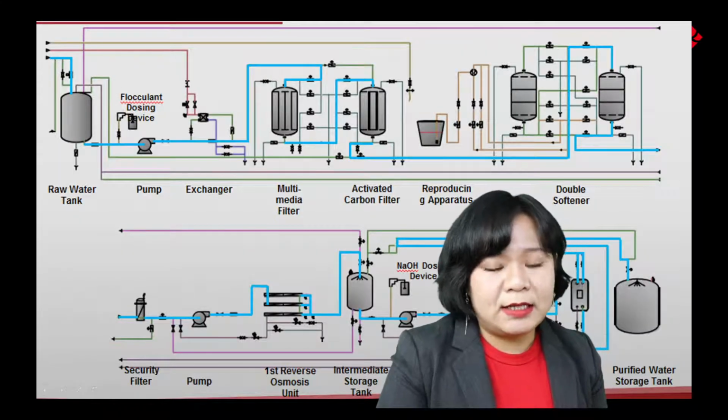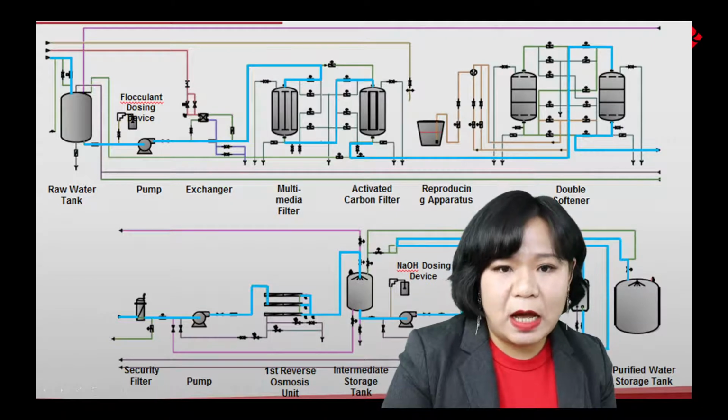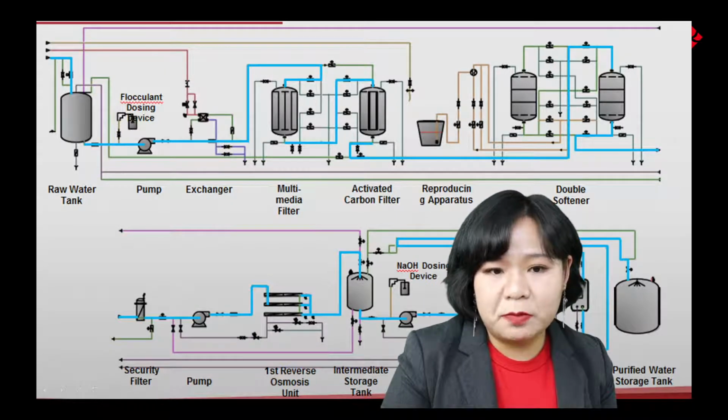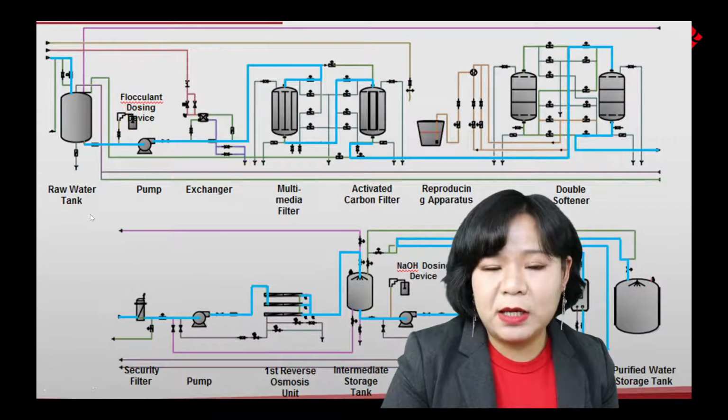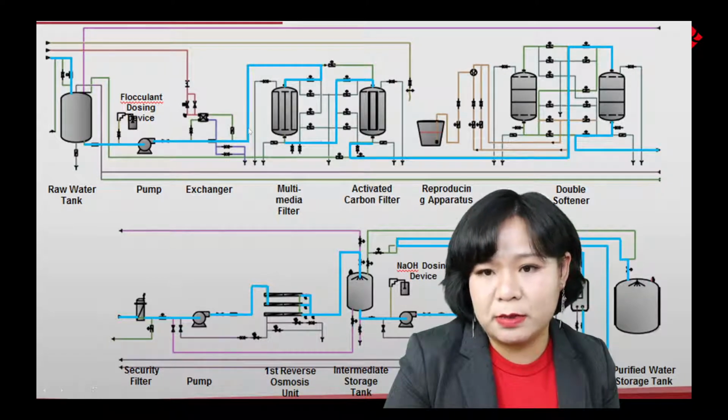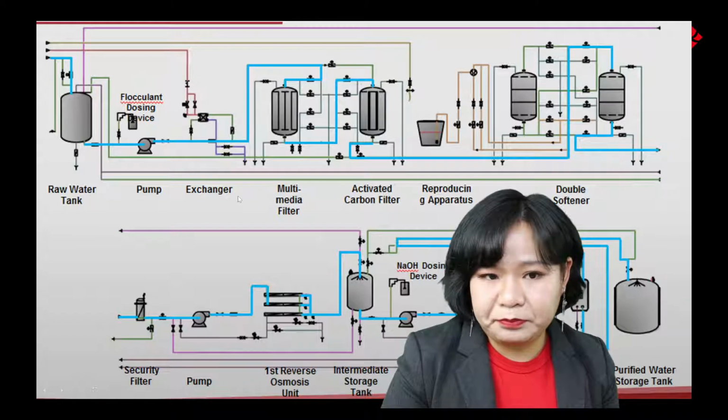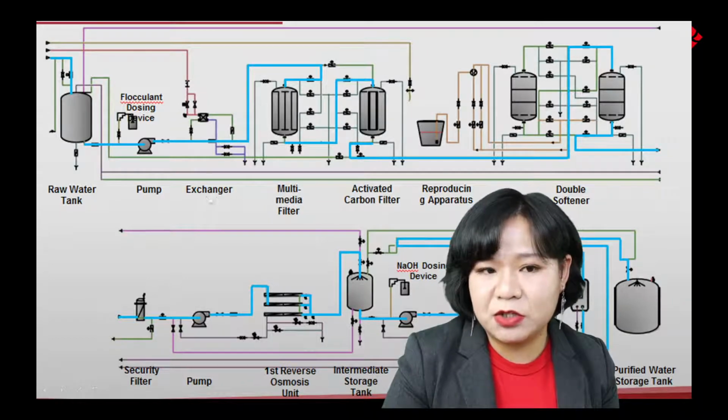Okay. Let's have a brief scan of the water treatment of the PW part. As you can see from this flow chart, the PW comes from the raw water here, and we use the pump to feed it into the treatment system. First is a heat exchanger, and next a multimedia filter for the pre-treatment.